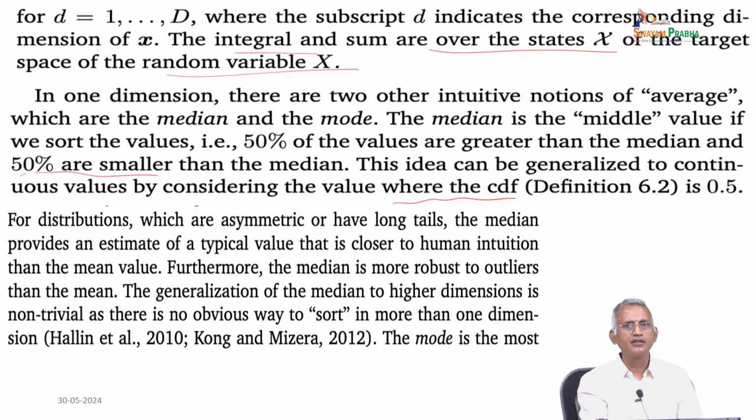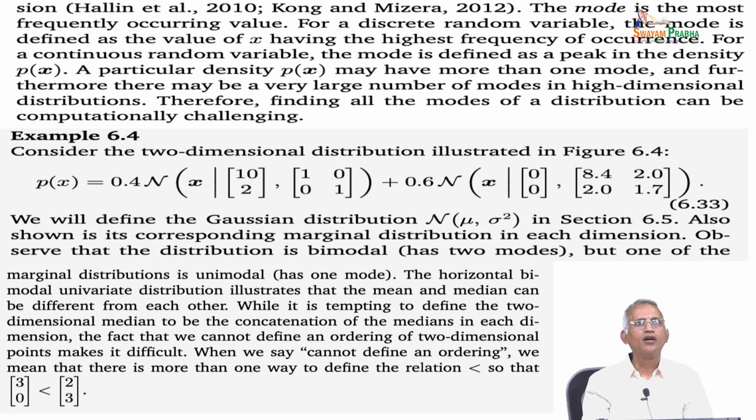For distributions which are asymmetric or have long tails, the median provides an estimation of typical values that is closer to human intuition than the mean value. Further, the median is more robust to outliers than the mean. The generalization of the median to higher dimensions is non-trivial, as there is no obvious way to sort in more than one dimension.